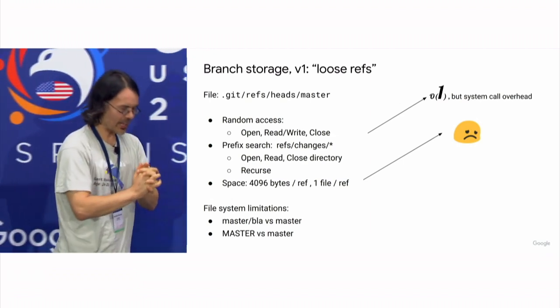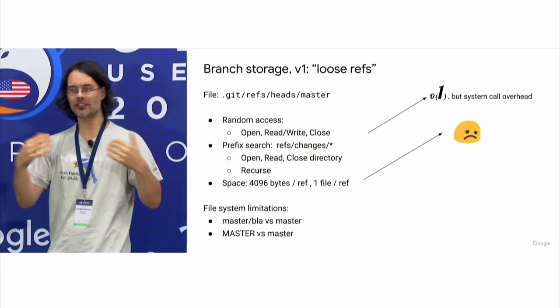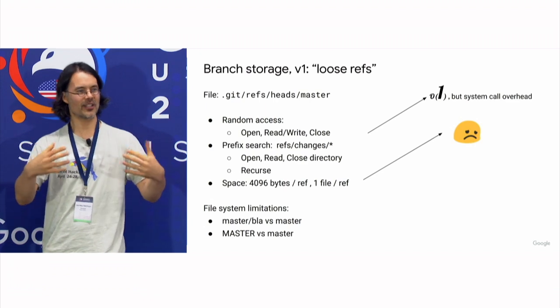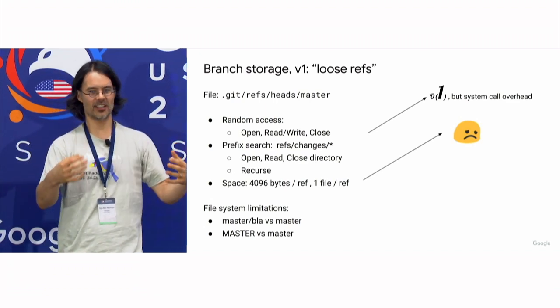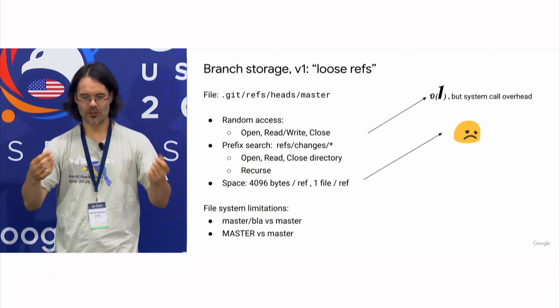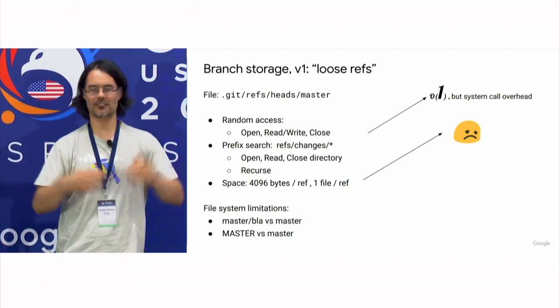So how does Git store references? If you look inside how Git stores things, you see on Hacker News or on these sites, people saying, oh, I implemented Git and it took me only 20 lines of Python.